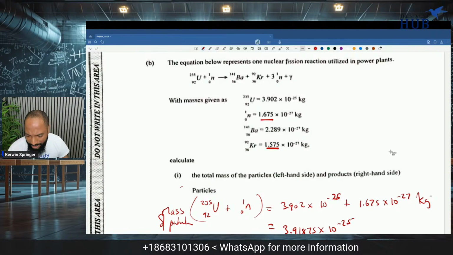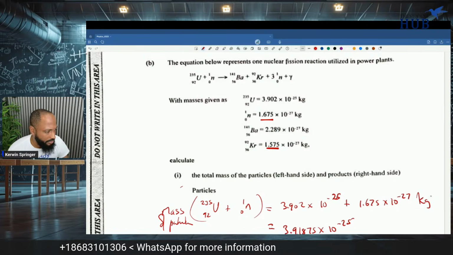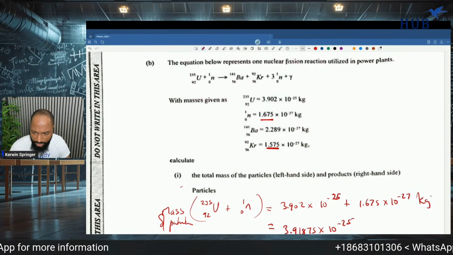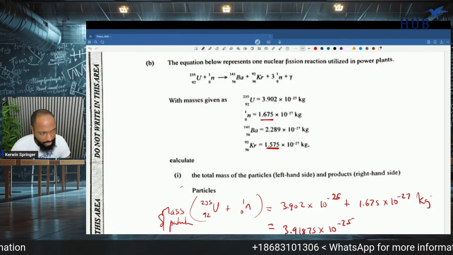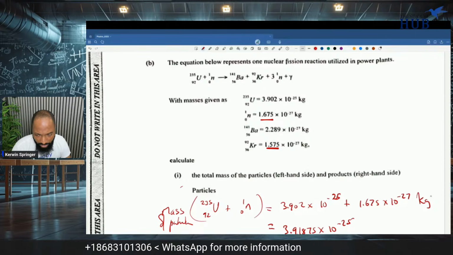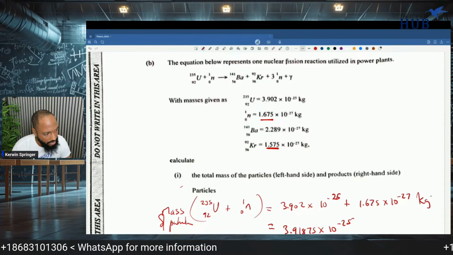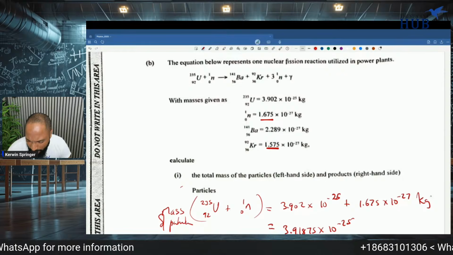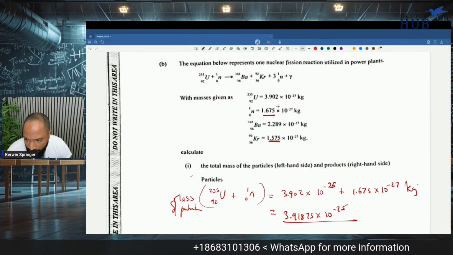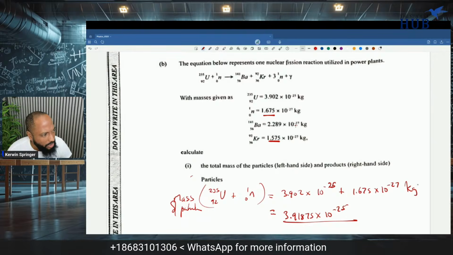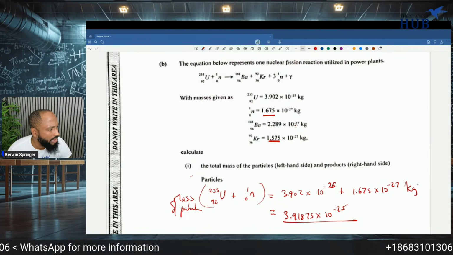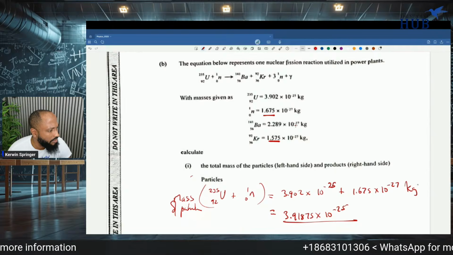Are you with me there? Let me see where the mass of krypton is. Am I missing something? Equation below, fission reaction. Aren't these supposed to be 25 too? Yeah, all of this should be 10 to the 25.